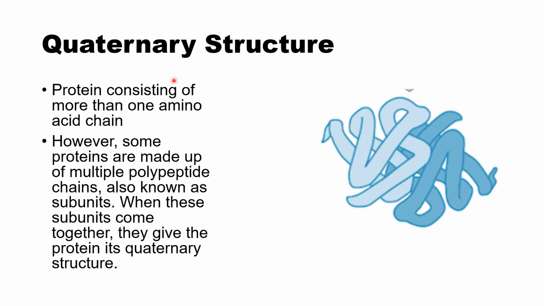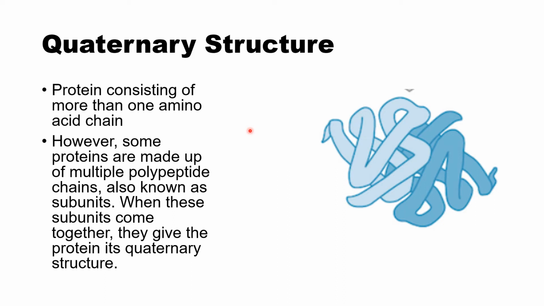Then for the quaternary structure, protein consisting of more than one amino acid chain na. However, some protein are made up of multiple polypeptide chains, also known as subunits. When these subunits come together, they give the protein its quaternary structure. So, many proteins are made up of single polypeptide chain lang and have only 3 levels of structure.